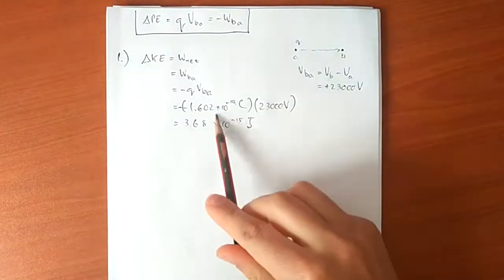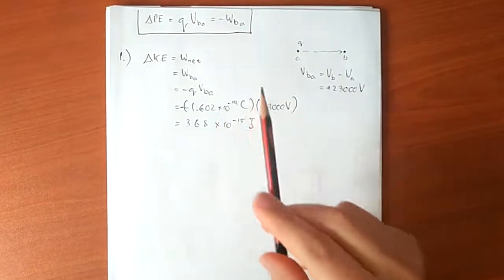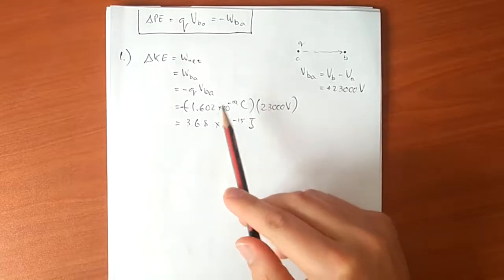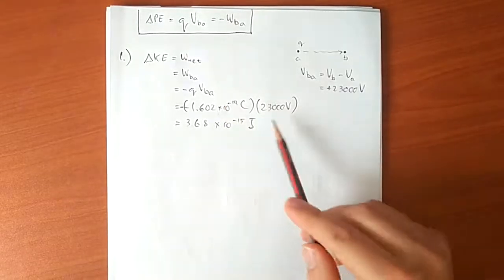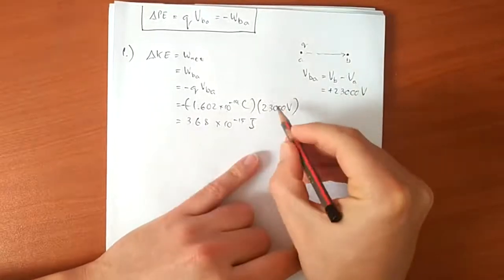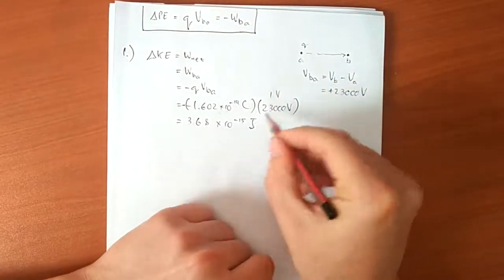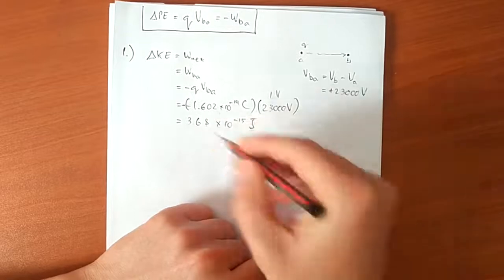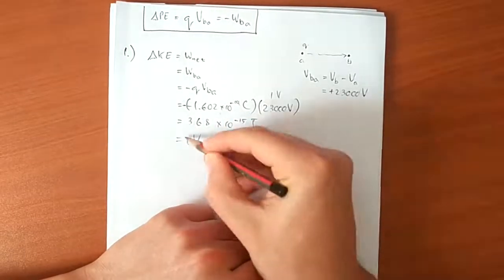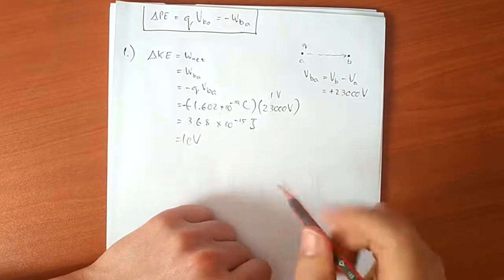But look here, in this case I've already got a charge with the magnitude of an elementary charge. Specifically, I've got an electron, and it moves through a 23,000 volt difference. Now, if this was 1 volt, then my answer would immediately be 1 electron volt, directly by definition of the electron volt.